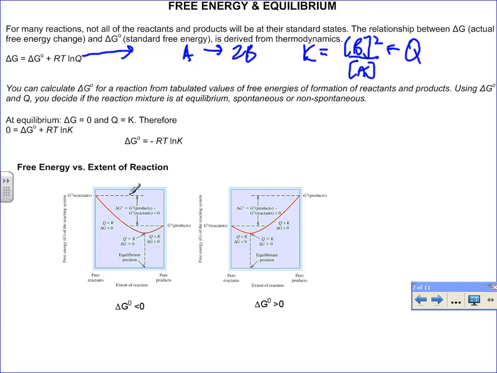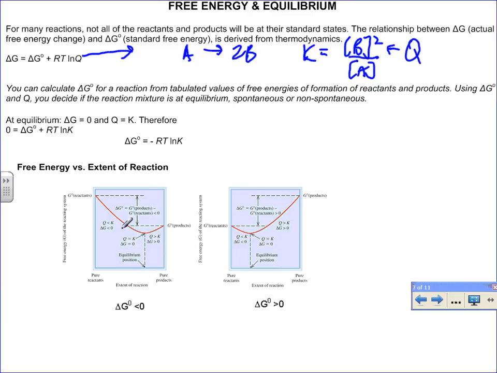Okay. And these two graphs here give you a relationship between the free energy of the system at a particular moment in time, depending on whether we're equal to K or Q, okay, and the extent of the reaction.